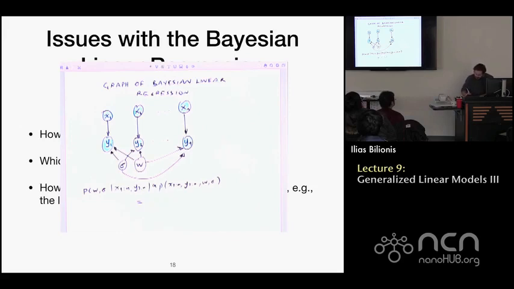So I have the probability of y1, conditioned on x1, sigma, and w, dot, dot, dot, probability of yn given xn, sigma, w, and then I need the probability of all the x's, and then I need the probability of sigma and the probability of w. Okay? And what have you observed? Well, you have observed all these things.